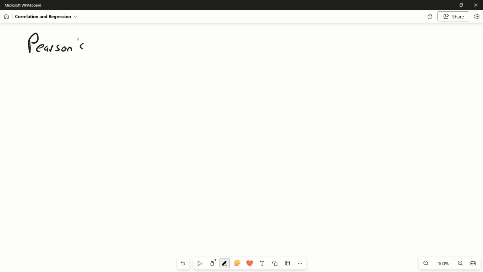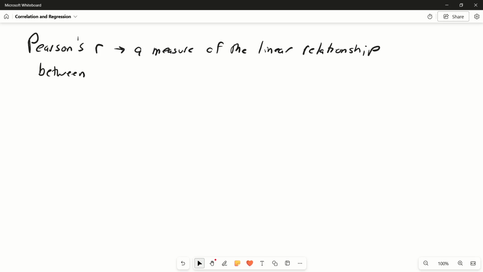So Pearson's R, more technically called the Pearson product moment correlation. This is a measure of the linear relationship between two quantitative variables or two variables measured on an interval or ratio scale.